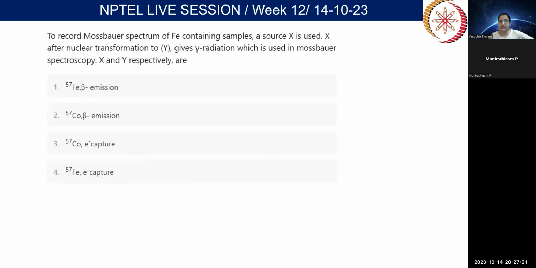Did we really have the beta emission? Because when you are going from 57 cobalt to 57 iron, only the atomic number is changing. So is it because of the beta emission? Because the mass will also change in that case. So it really happens with the electron capture.